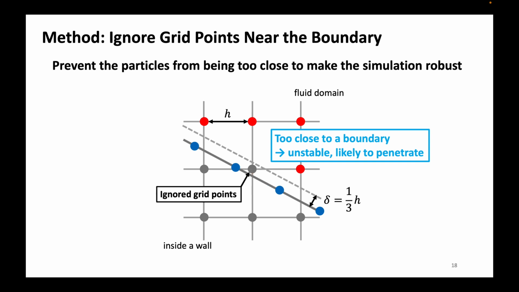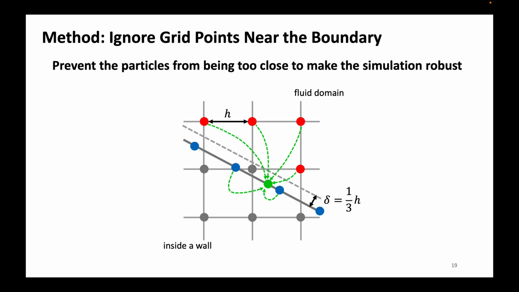So we ignore those regular grid points near the boundary if its distance from the boundary is smaller than a threshold delta, even if it is on the fluid domain. We set delta to be 1/3 of the regular grid cell size.